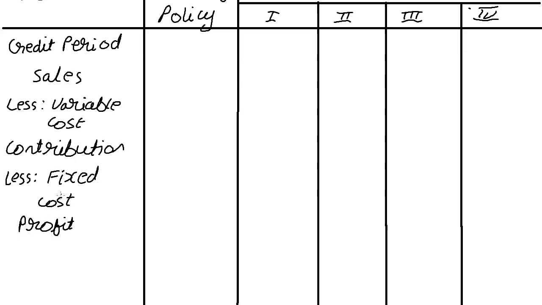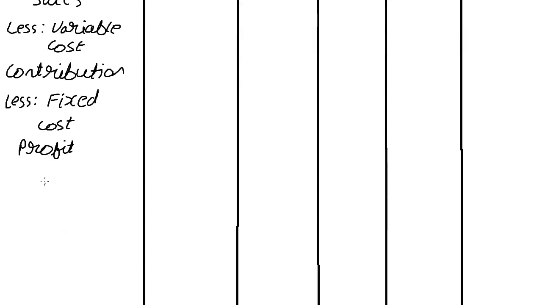Okay, and now our next step is to calculate total cost. So total cost, which we know is equal to fixed cost plus variable cost. Okay, we are simply adding this and this.